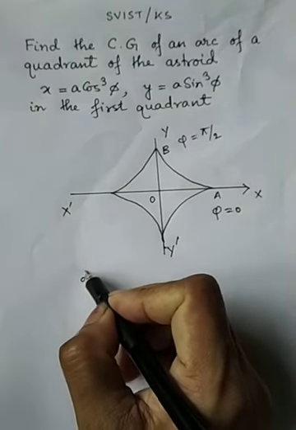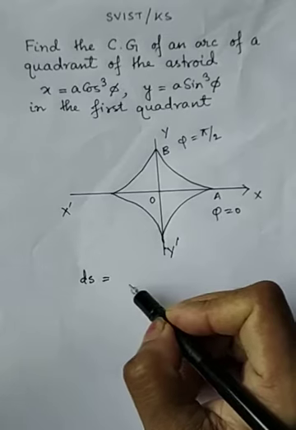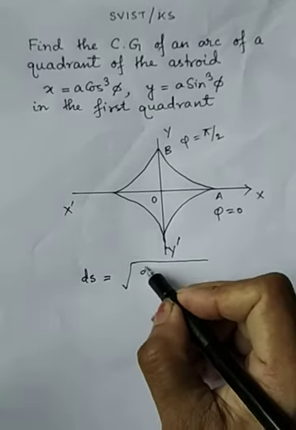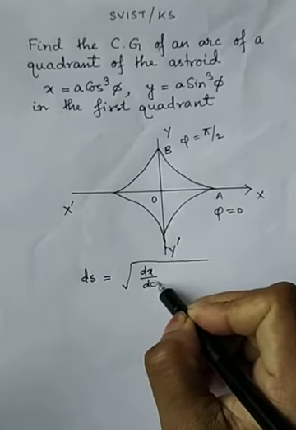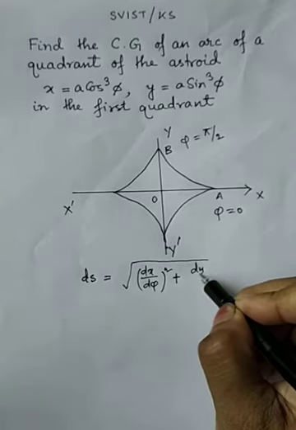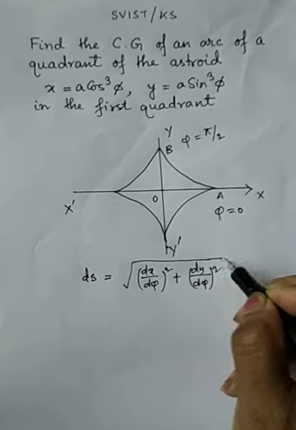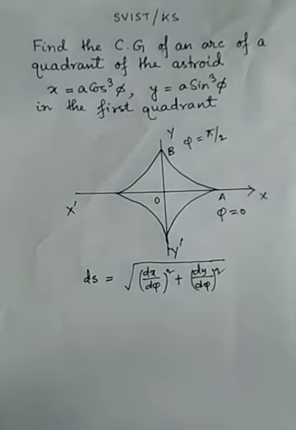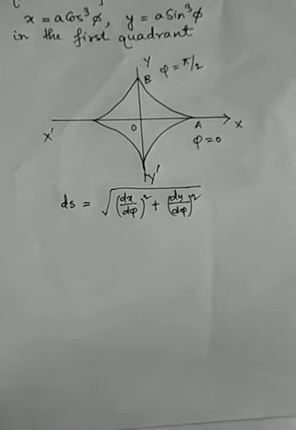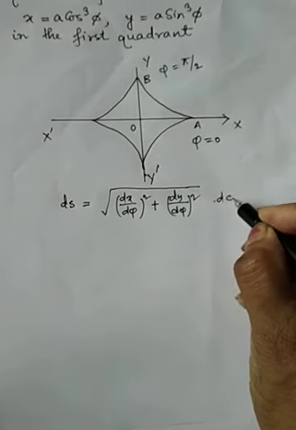So here, how to find the derivative of the arc? If s is the arc length, then ds is root of this formula you have to remember: (dx/d phi) whole square plus (dy/d phi) whole square, into d phi.